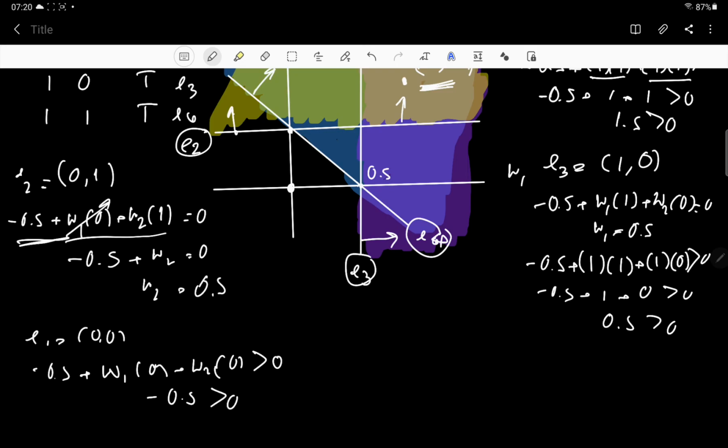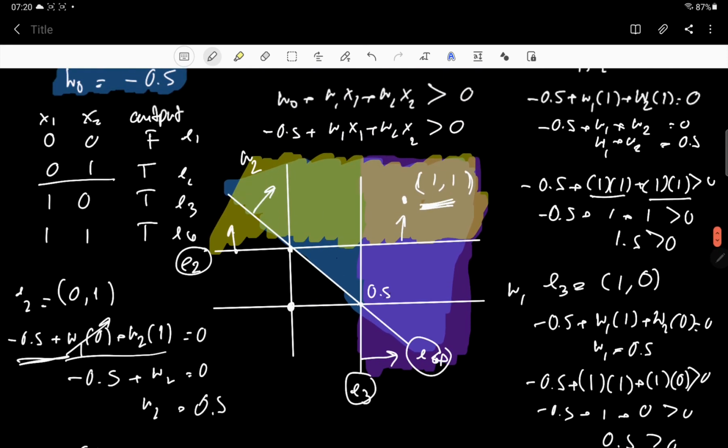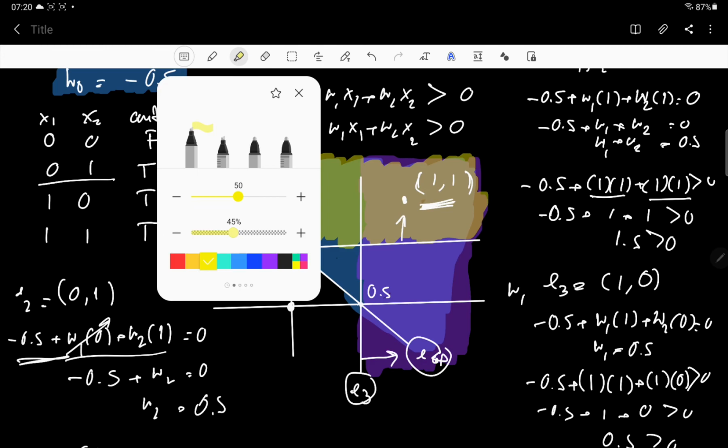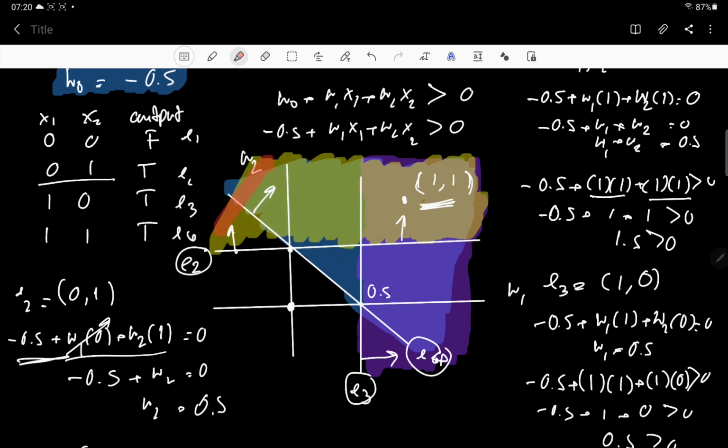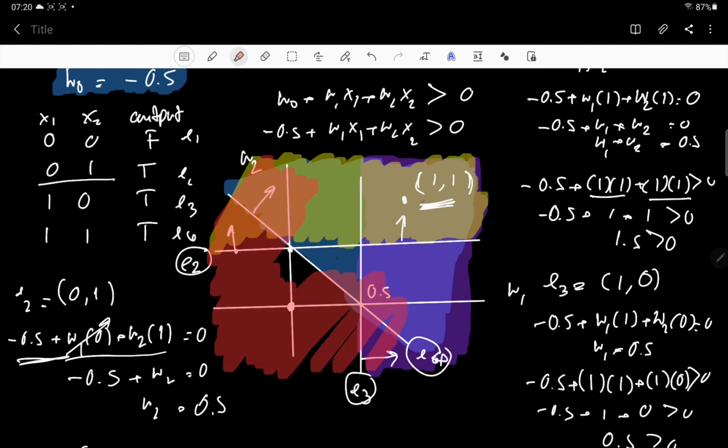No, it is not. So it classifies this example as negative because the summation is less than 0, right? So all points here will classify this example to be the negative one. That is the one that we want, right? You can use any point in this area.